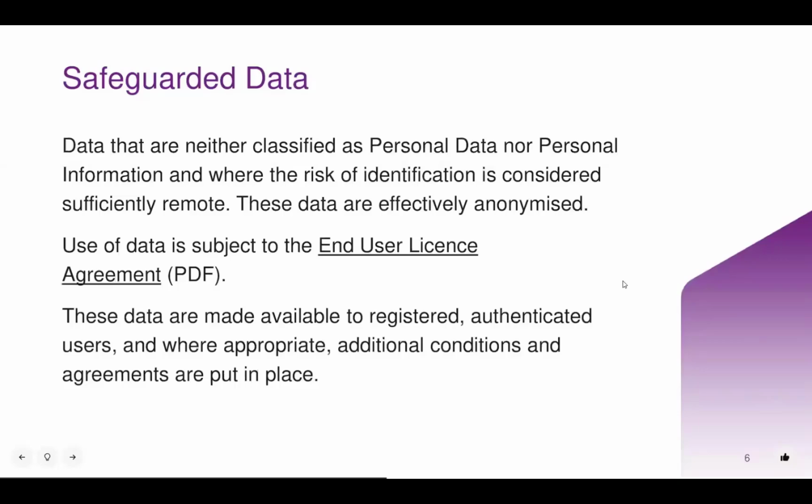Of course, for safeguarded data, it is a requirement to be a registered user, to authenticate yourself. Today we have academics, so with your institutional credentials, you just use those through Shibboleth, and you can easily register for the service. And of course, in safeguarded data, the data owners have the option to select additional conditions to put in place.